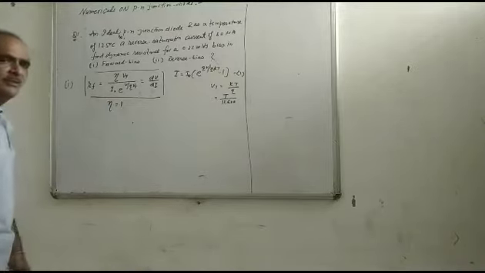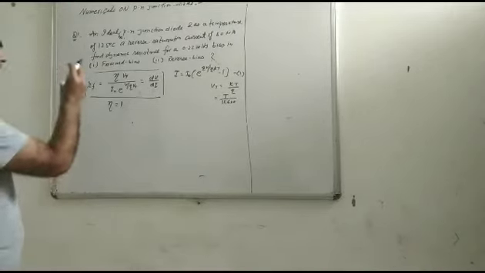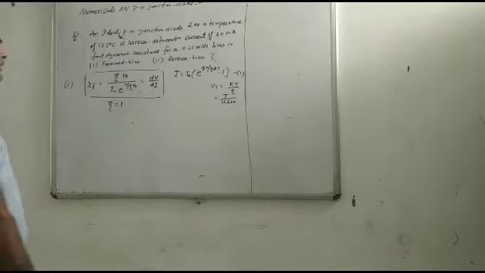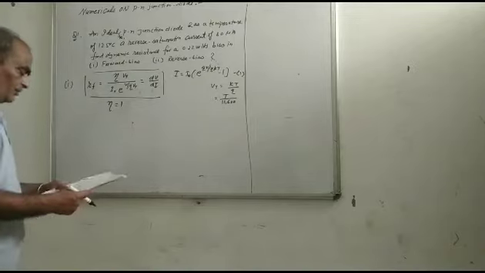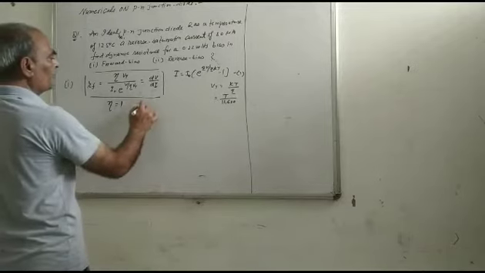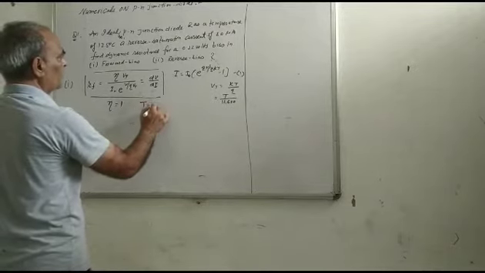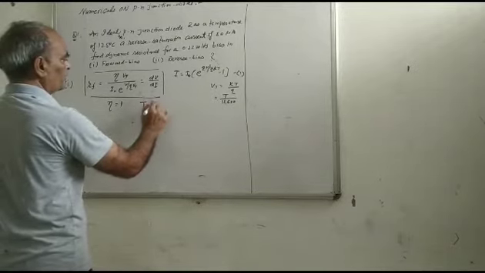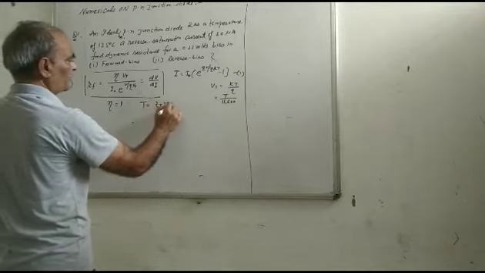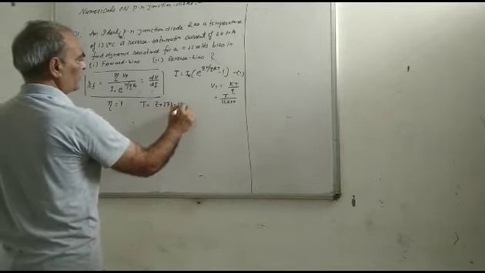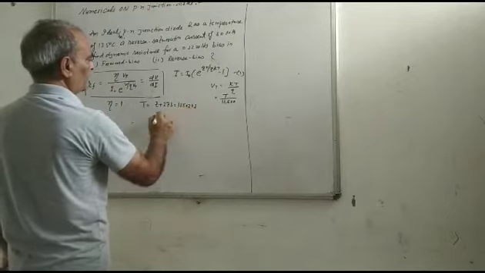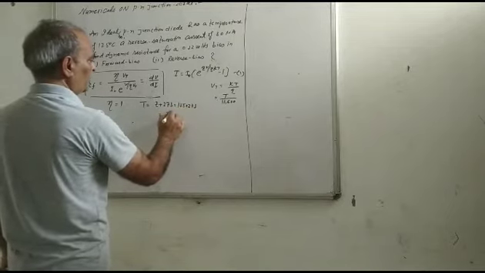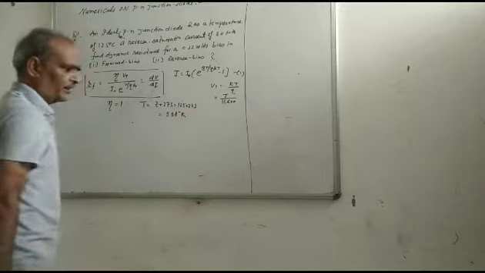As it is a germanium diode, the value of eta is 1. The type of the diode is germanium diode. So eta is equal to 1 and temperature capital T is equal to t plus 273. t is 125, plus 273, this is 398 degree Kelvin.